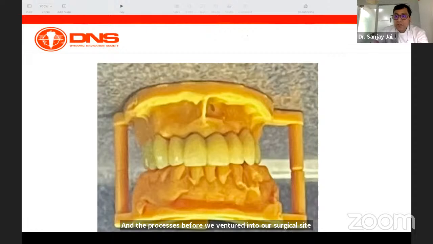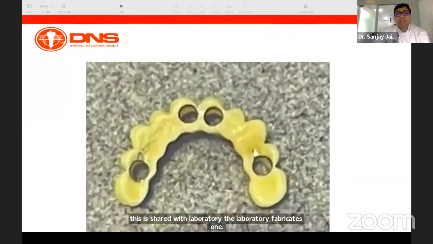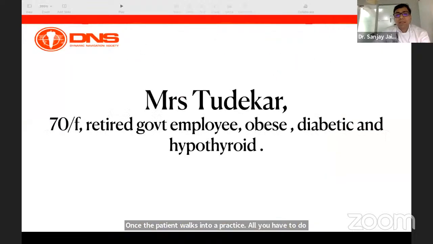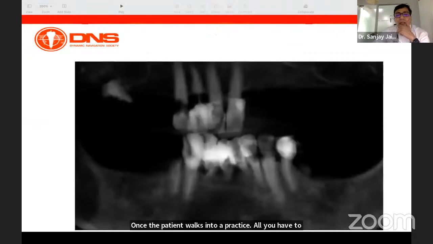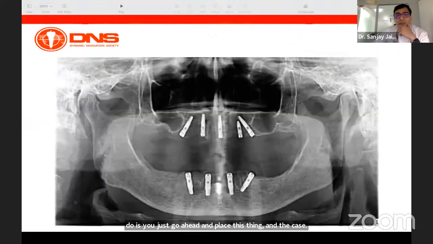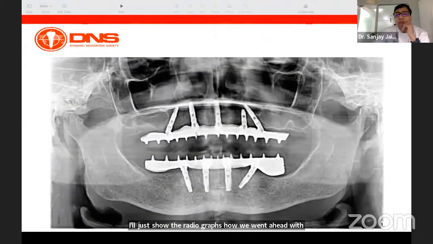Once this is shared with the laboratory, they fabricate one. Once the patient walks into your practice, all you have to do is go ahead and place this. And the case, I'll just show you the radiographs, how we went ahead with this. So all this was pre-op, this is post-op.